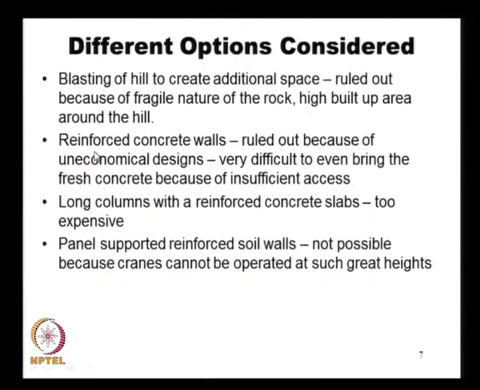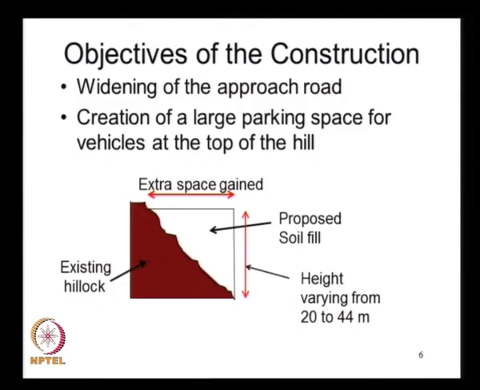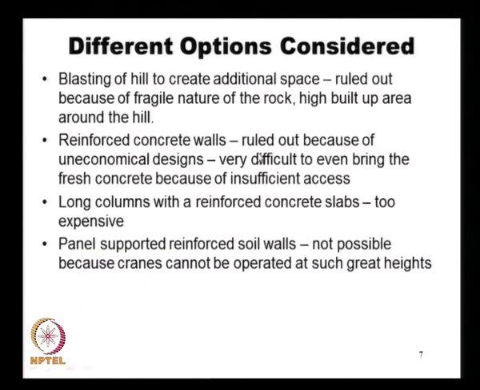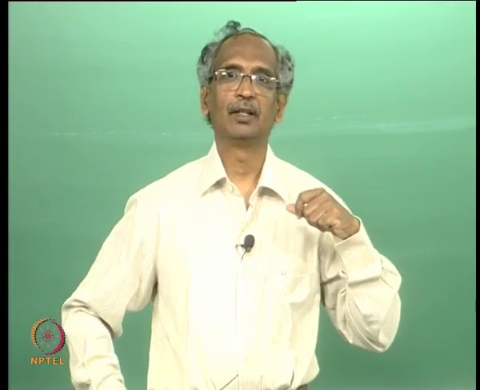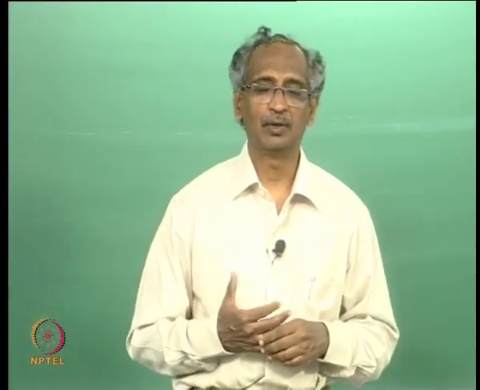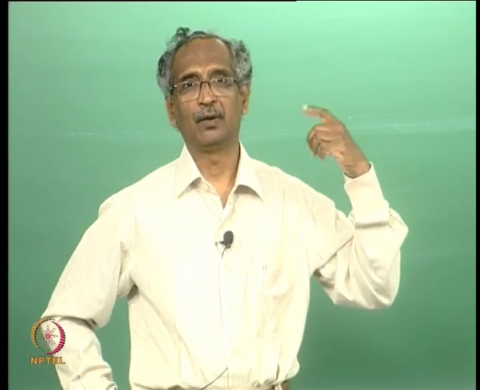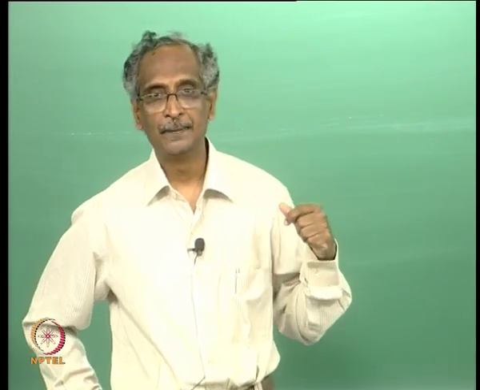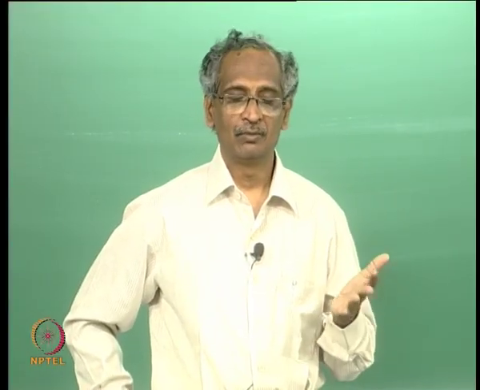Or another possibility is we use a reinforced concrete retaining wall. Say if we can construct a reinforced concrete retaining wall here, we can backfill this with soil and gain the space, but that is ruled out because of cost considerations. Once again, it is very highly uneconomical, because even for about 3 to 4 meter height of the wall, the thickness of the stem comes out to be about 300 millimeters, and for a height of 44 meters, the thickness could be as high as about 1/8 of that.